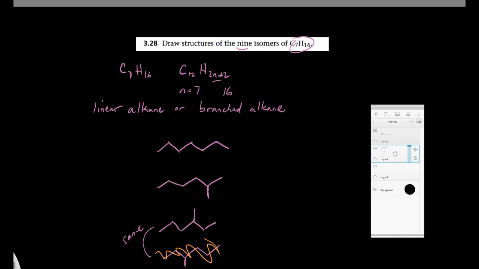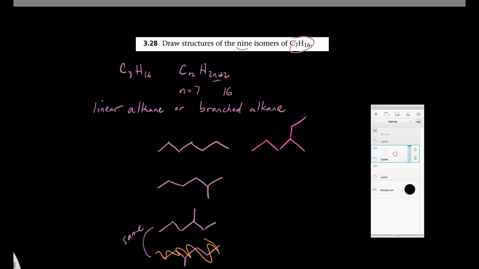So let's see. Now let's draw a 5-carbon. So there's 7, and then there's 6. Let's draw a 5-carbon chain, and a substituent coming off here. That would be 2 carbons there. And 1, 2, 3, 4, 5, 6, 7.